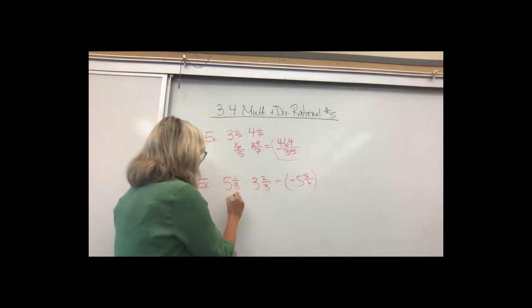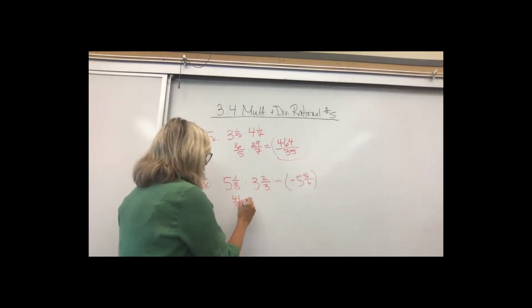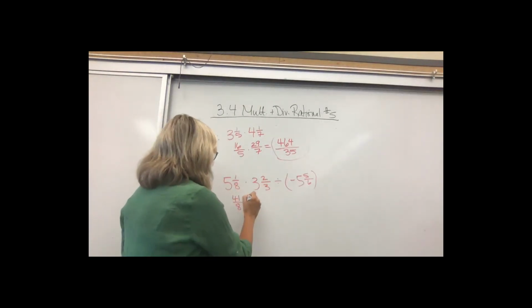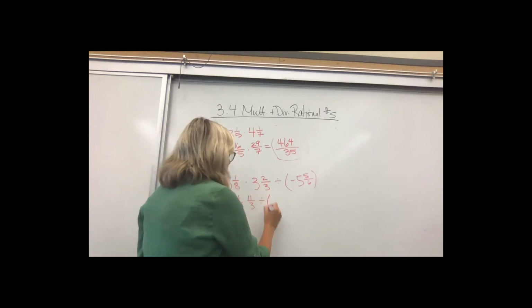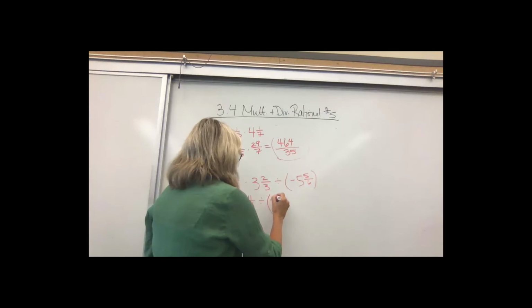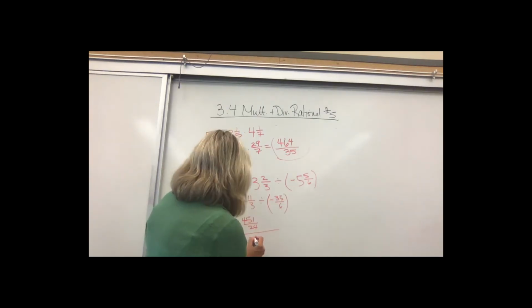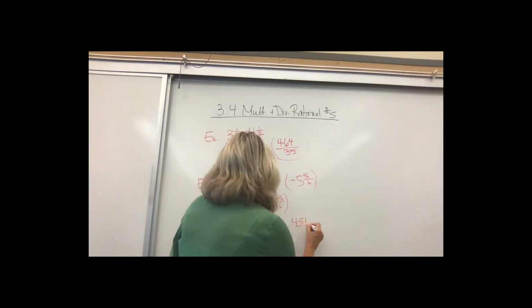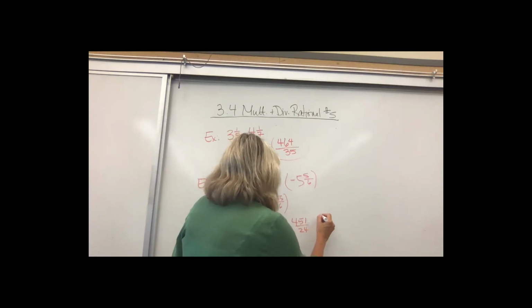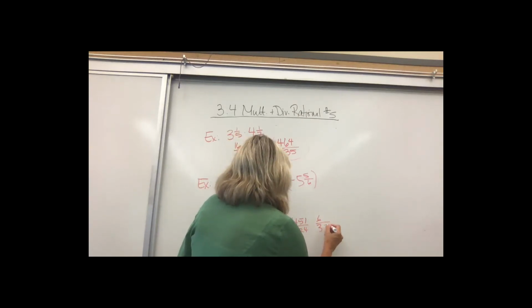So 41/8 times 11/3 divided by -35/6, which is the same as multiplying 451 over 24 times 6 over 35.